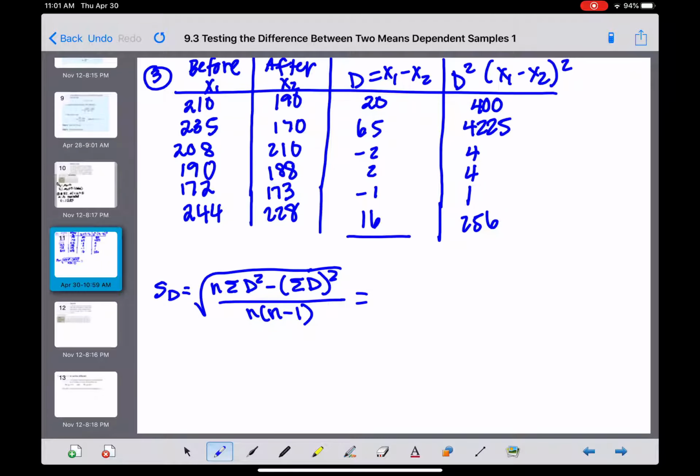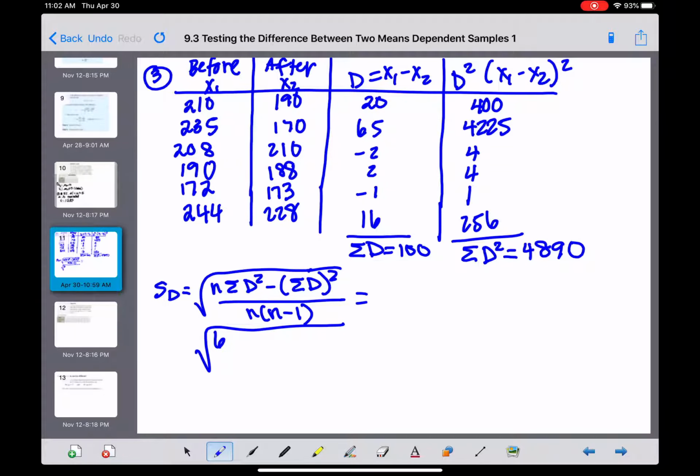Okay, so we need the sum of the d's. So we add up all of those, you're going to get 100. And if I add up all of those, that's my sum of my d squareds. That's 4,890. So now I can substitute those values in. My n is 6.